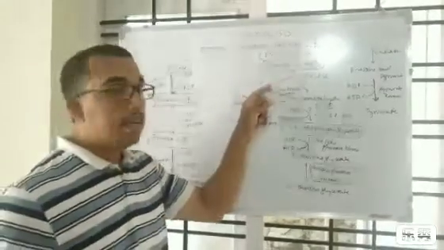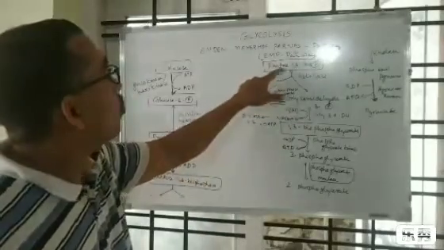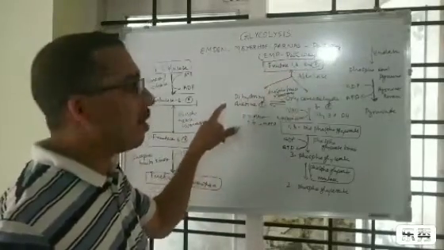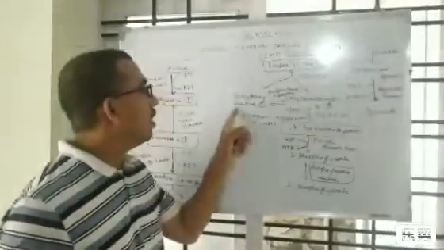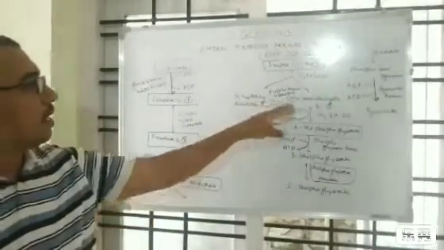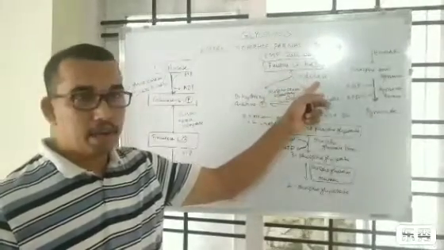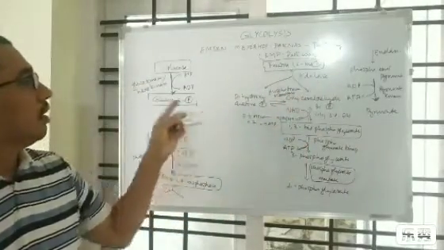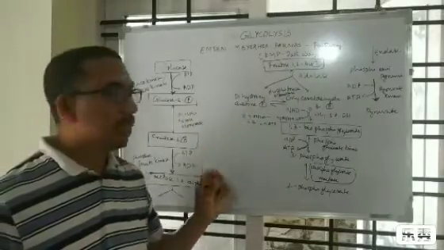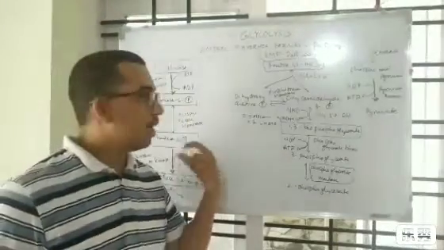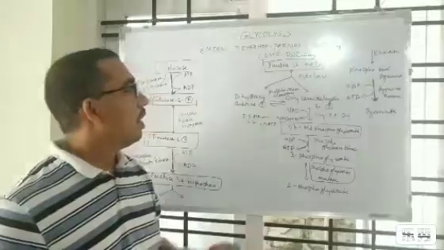Then here this is a splitting phase. Fructose 1,6-bisphosphate is split into two 3-carbon compounds, which are dihydroxyacetone phosphate and glyceraldehyde 3-phosphate. The enzyme catalyzing this reaction is aldolase. Then dihydroxyacetone phosphate and glyceraldehyde 3-phosphate are rapidly interchanged by the enzyme phosphotriose isomerase.